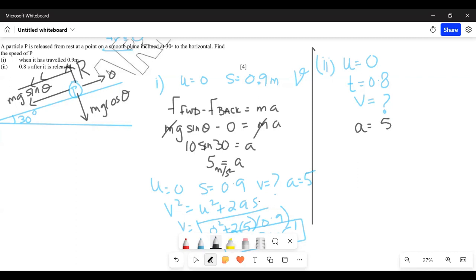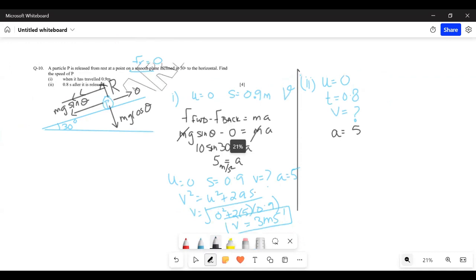Now which equation of motion should be used to get V from U, T, and A? V equals U plus AT.